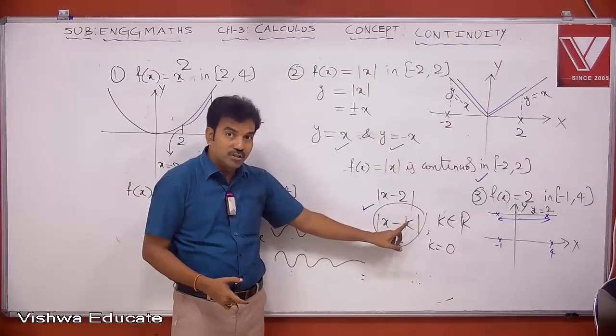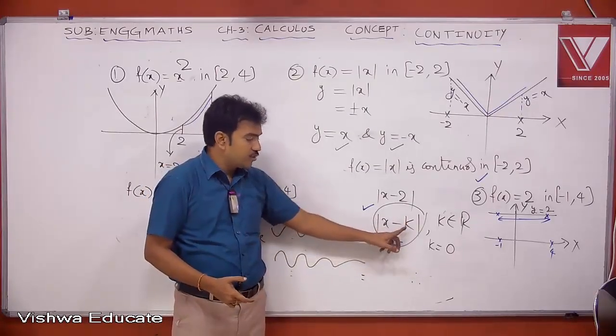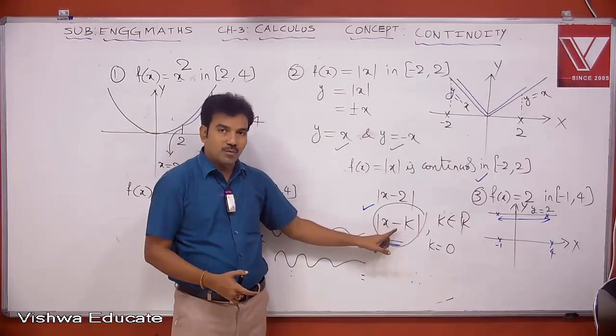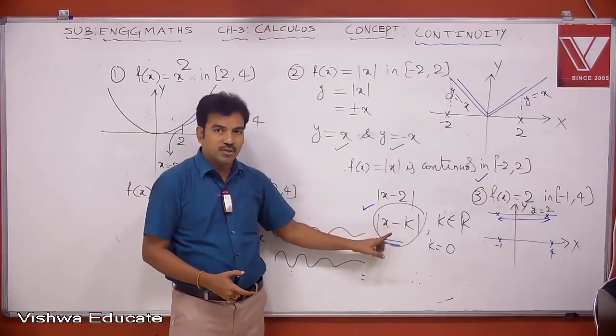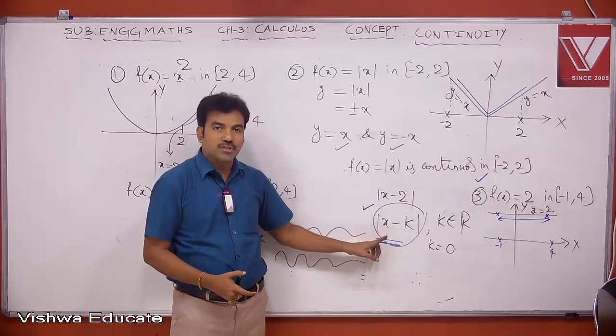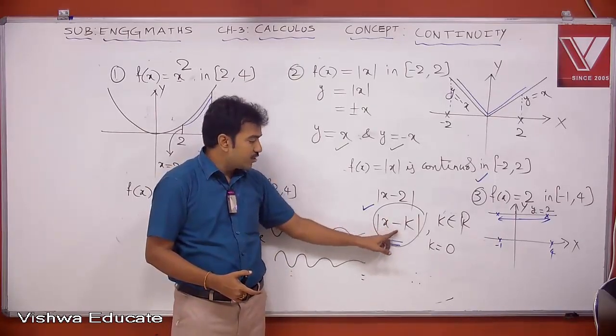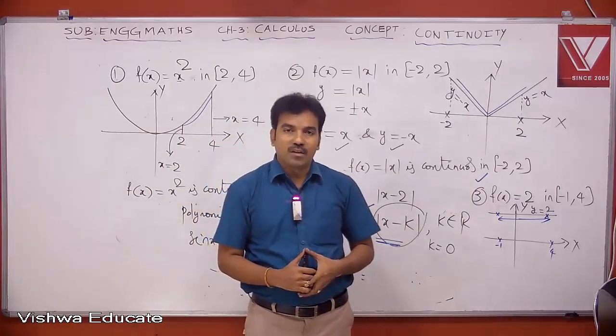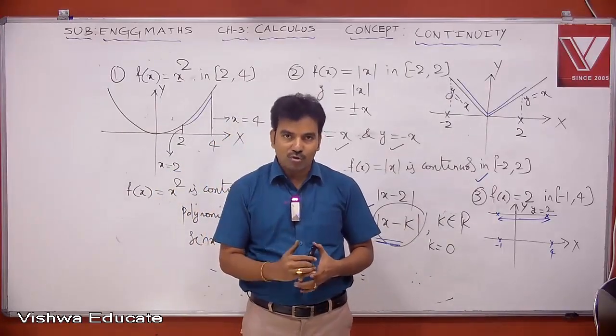This is very, very important. All polynomial expressions, constant functions, sin x, cos x, e power x, and modulus of x minus k are continuous in all closed intervals. One more note.